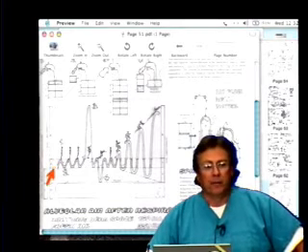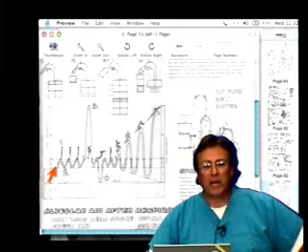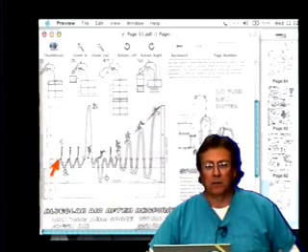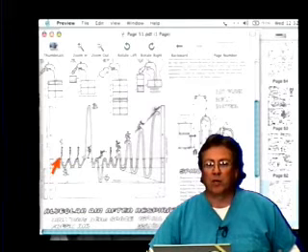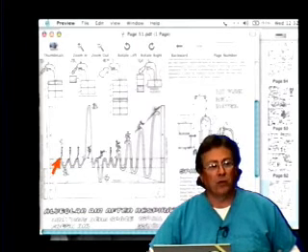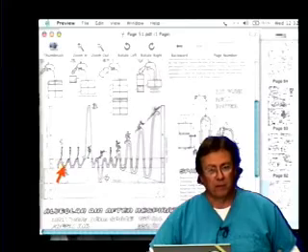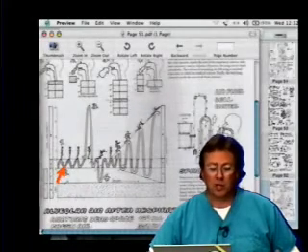In a resting human, every breath you take in takes in about 500 mils. And that would be represented by a move in this direction. So there's an inspiration of 500 mils. When you expire, about 500 mils, depending on your gas exchange rate.